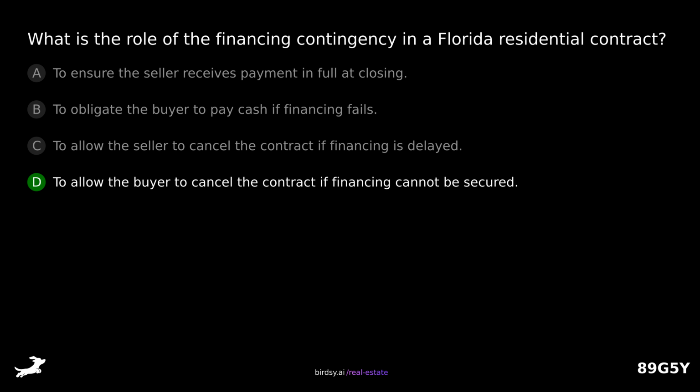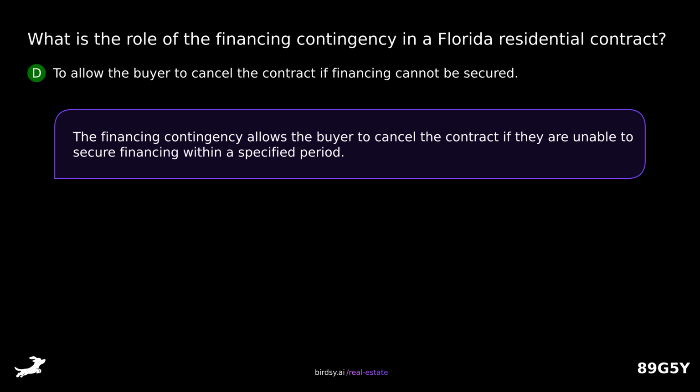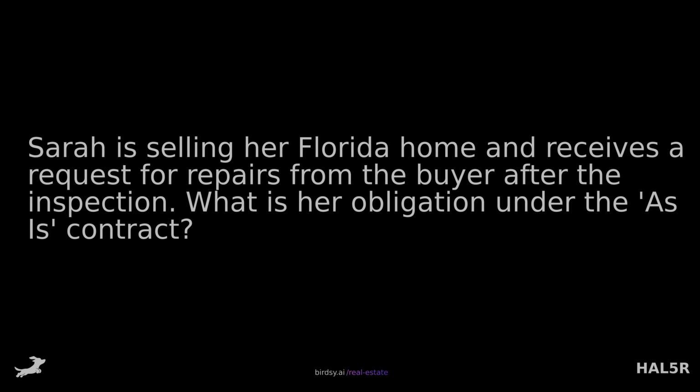The answer is D, to allow the buyer to cancel the contract if financing cannot be secured. The financing contingency allows the buyer to cancel the contract if they are unable to secure financing within a specified period. Sarah is selling her Florida home and receives a request for repairs from the buyer after the inspection.